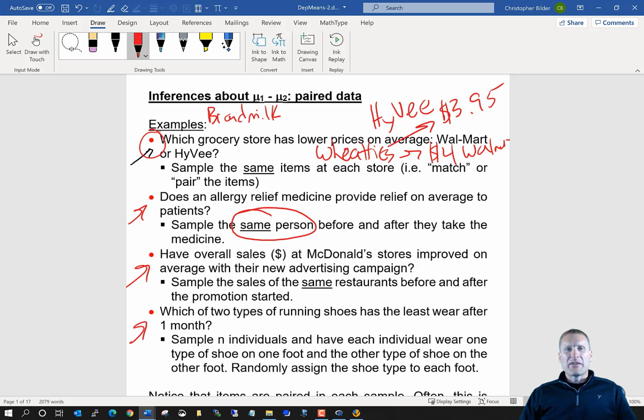After a month of wearing them and having periodic runs in them, you measure how the tread has degraded over time. Since the same person is used for the two different types of shoes, the brand 1 population and the brand 2 population, you have essentially paired the observation of tread wear. And so you have dependent samples that you're taking.